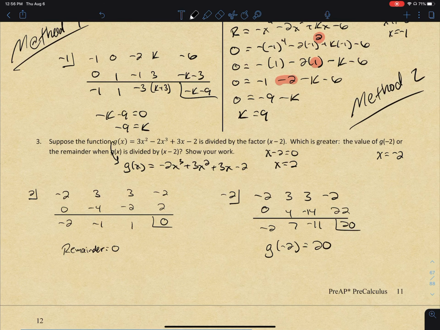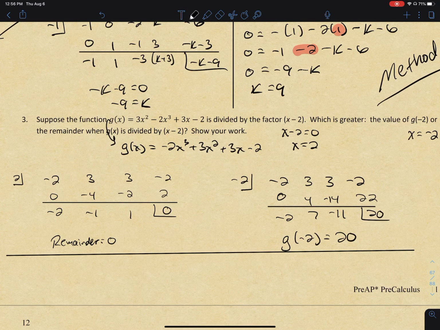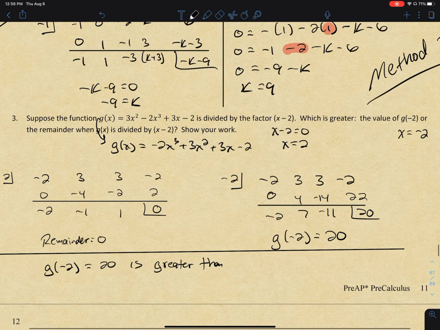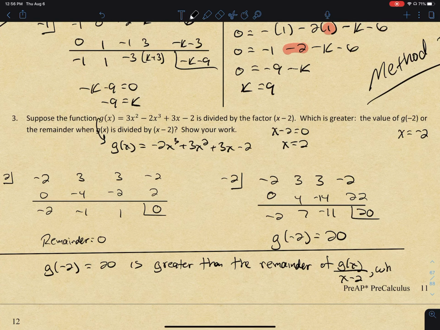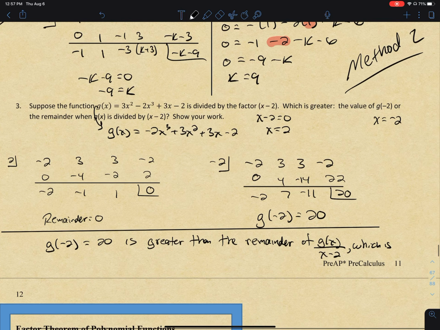So to actually answer the question, which is greater? g of negative 2, which equals 20, is greater than the remainder of g of x divided by x minus 2, which is 0.